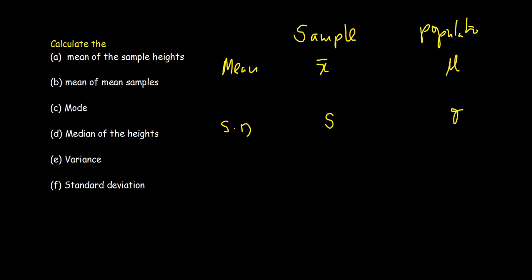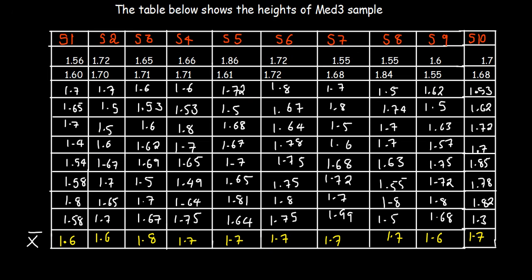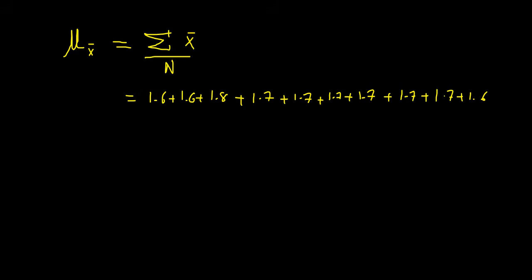How many are they supposed to be? 1, 2, 3, 4, 5, 6, 7, 8, 9, 10. There are 10 of them. All right, so they are balanced, and then we divide by how many they are. So these are 10.